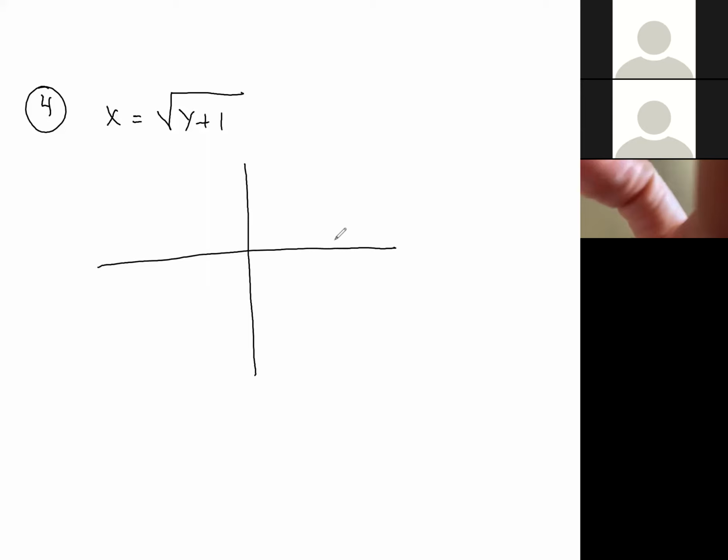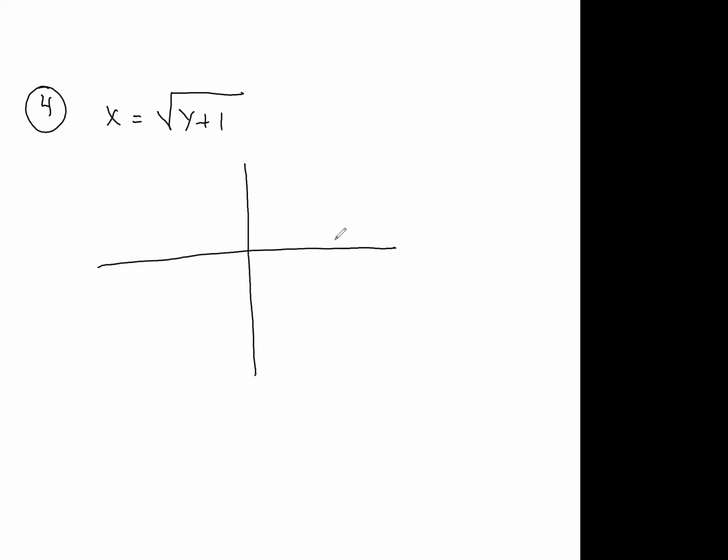For number 4, we have x is equal the square root of y plus 1. They're asking for the domain. It doesn't matter whether this one is a function or not, we are allowed to graph. It's possible to graph.